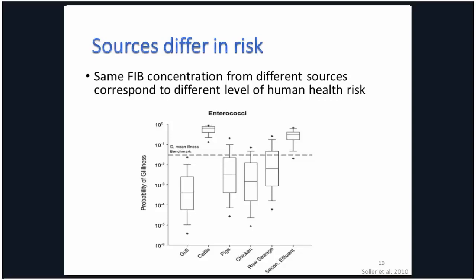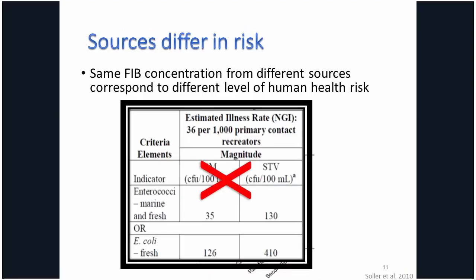And because of that, the numeric criteria established based on a site mostly impacted by human sources would not apply to a site where the majority of the contamination is gull. Next.